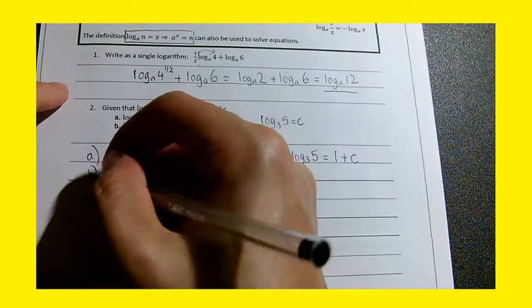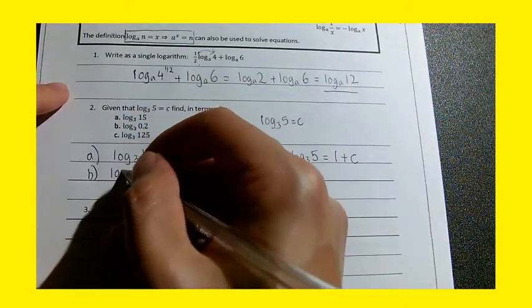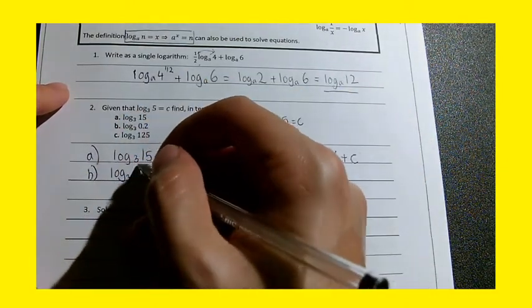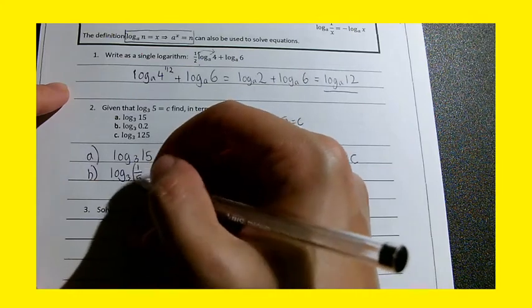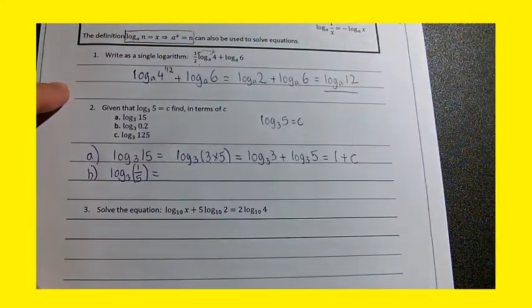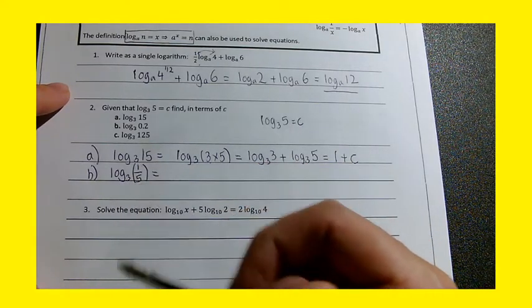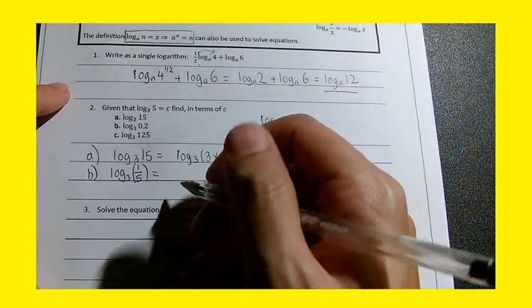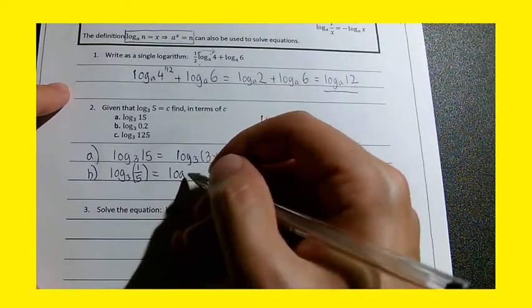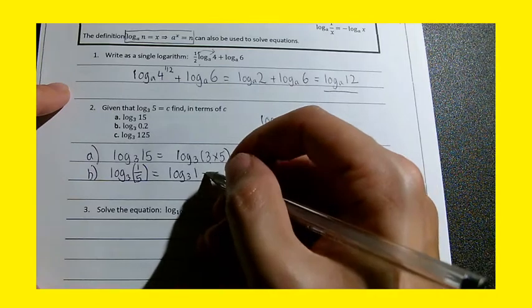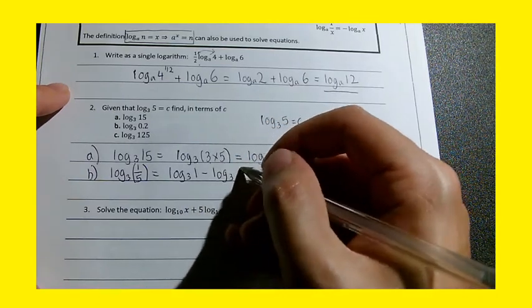Right, next one, log base 3, 0.2. Now 0.2 is the same as 1 over 5. So I can rewrite that. And I've now got log base 3 of a number over another number. Now using division law, I can rewrite that as log base 3, 1 minus log base 3, 5.